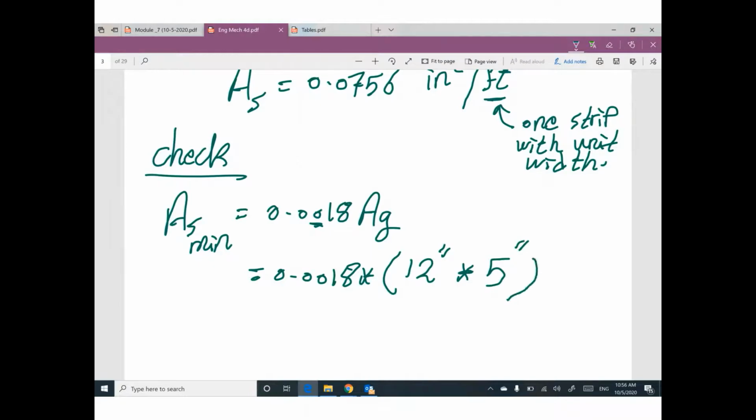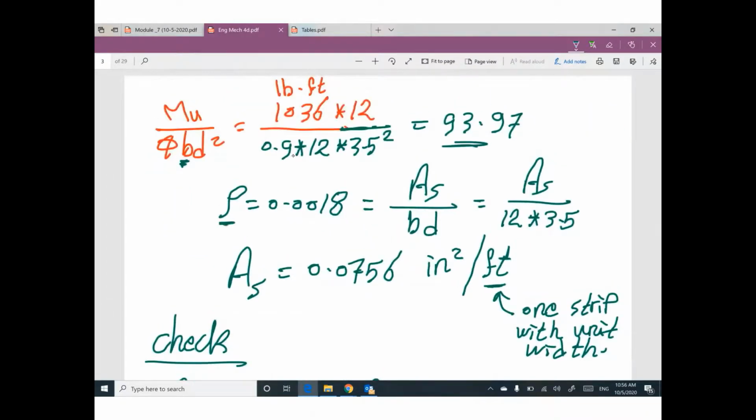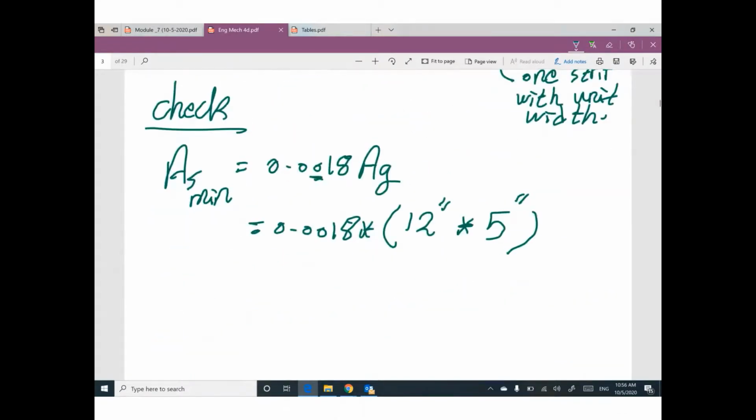But for this one, rho equals area steel divided by B times depth, from a table. So I can figure out this area steel. For area steel minimum, I got this value, but multiplied by area gross. So your area steel minimum will be 0.108 inch square per foot.